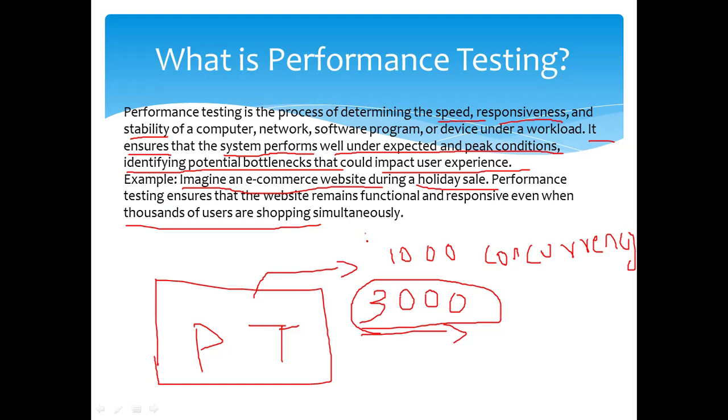Also the test planning: how you plan before going for performance testing. I will show you in one class what performance test planning is, how to gather the information, and how to design the strategy before doing the performance testing.